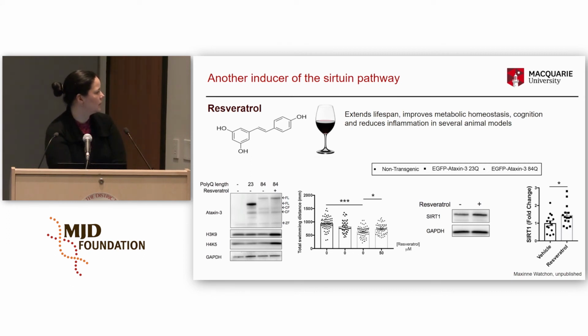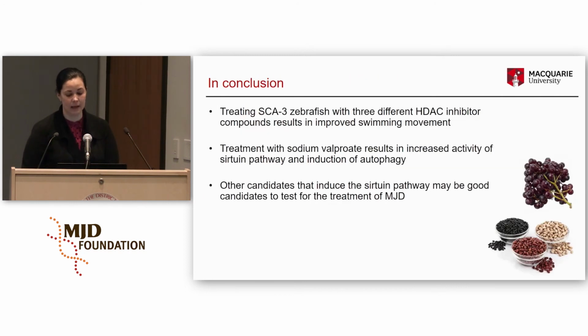So yes, we saw that there was increased histone acetylation, and there was an improved swimming phenotype following resveratrol treatment, and indeed increased SIRT1 levels. So again, another suggestion that perhaps this pathway is a good candidate for exploring potential treatments.